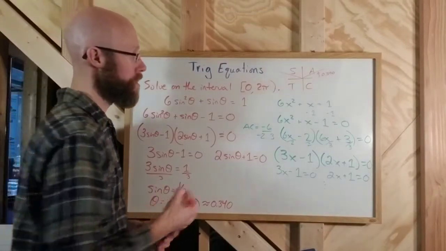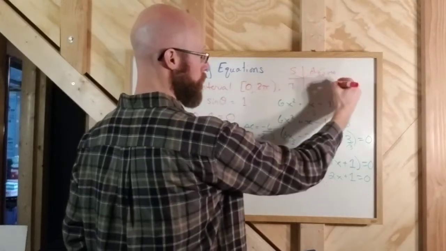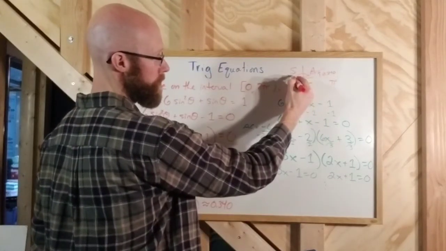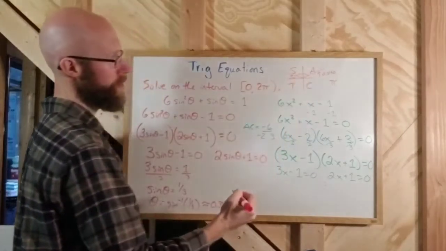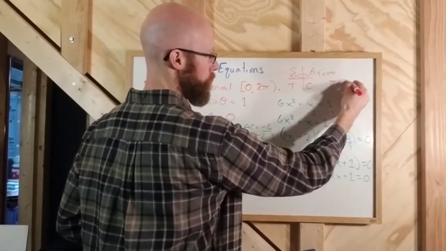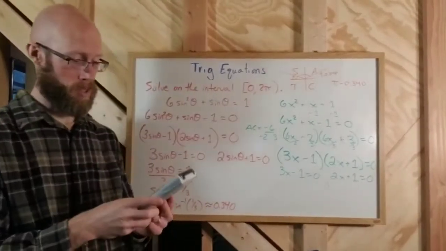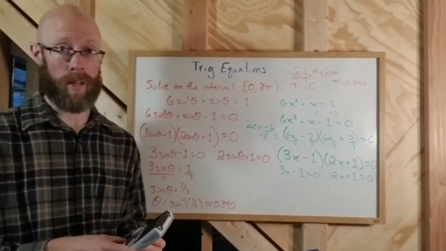Well, to find that, you would take pi, which is at the negative x-axis, and then subtract off 0.340. Okay, so I can do that. Now I'm actually going to do that without rounding.